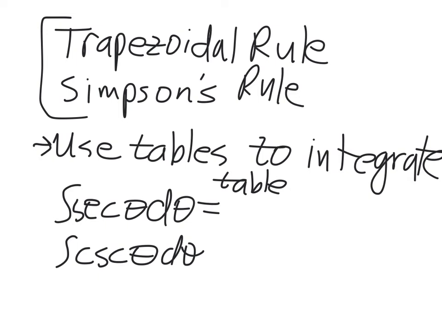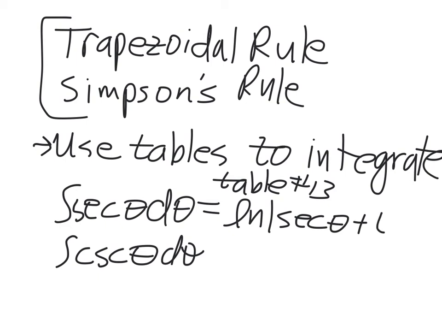And secant, that was number 13. You don't need to show me where you get this one, even though within most of the problems I say use the proper techniques rather than the table. That's an exception to that statement.